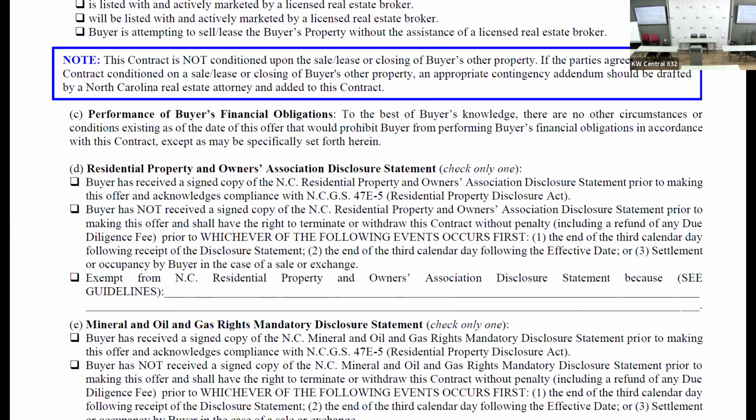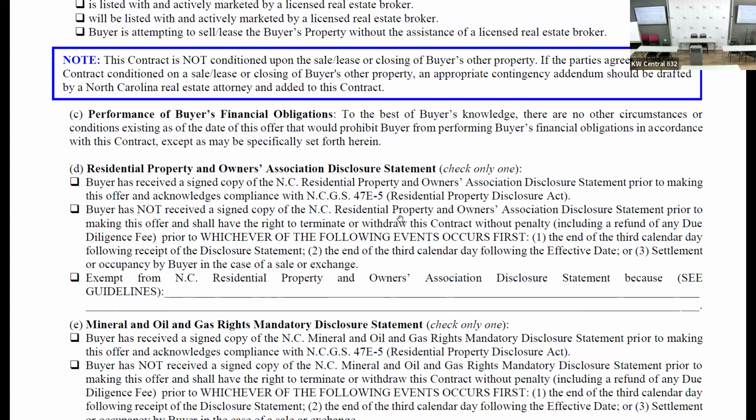Okay, residential property owner's disclosure statement: they either have or they have not received it. If they have, then it's signed by the buyer and it's loaded into your file.